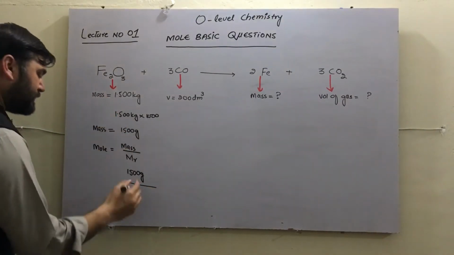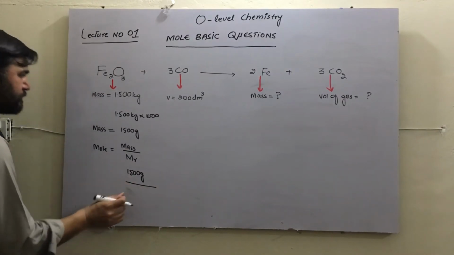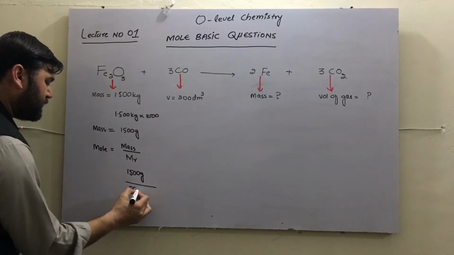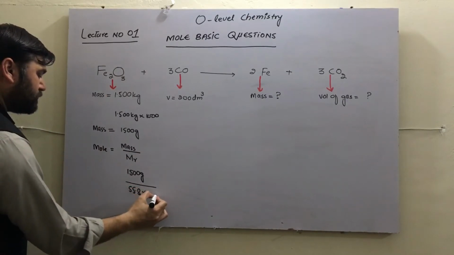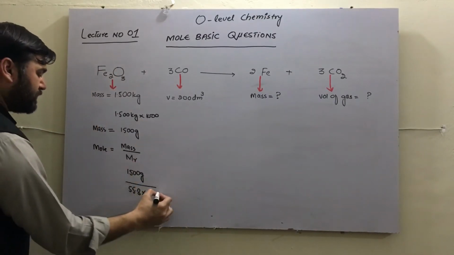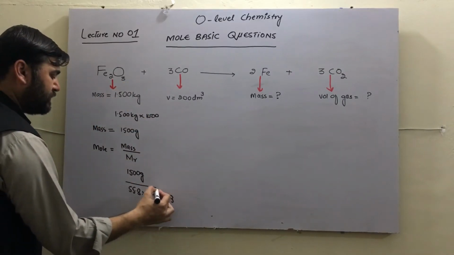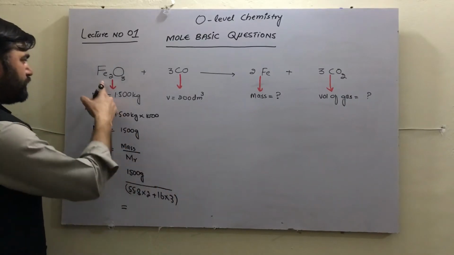Now we are going to find the molar mass of Fe2O3 in a separate way. Iron has atomic mass 55.8 multiplied by the number of atoms, that is 2, plus oxygen has atomic mass 16 multiplied by the number of atoms, 3. So collectively this is Fe2O3.